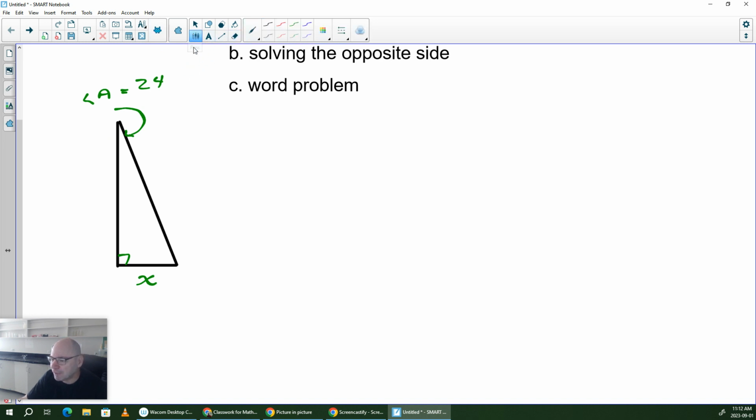Okay, so we got a 24 degree angle, and we know that this side here is 216 millimeters, we'll say. And it says find X to the nearest millimeter.